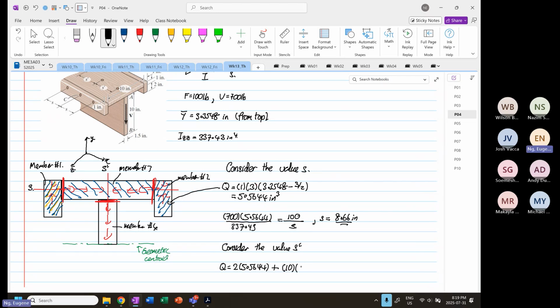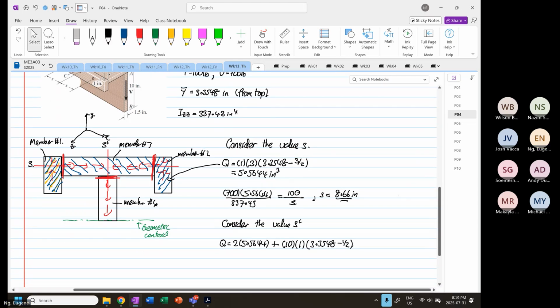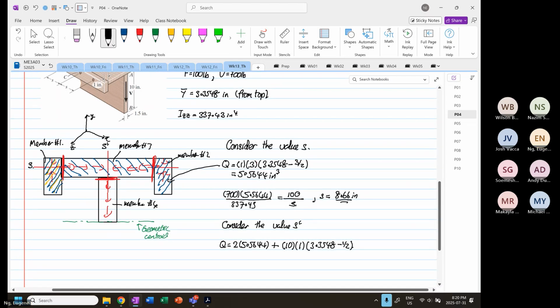The depth is 1. The y bar is 3.3548 minus y1 divided by 2. So this will be equal to 2 times 5.5644, 11.1288.